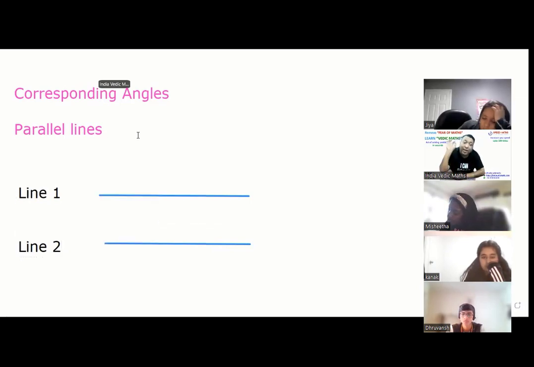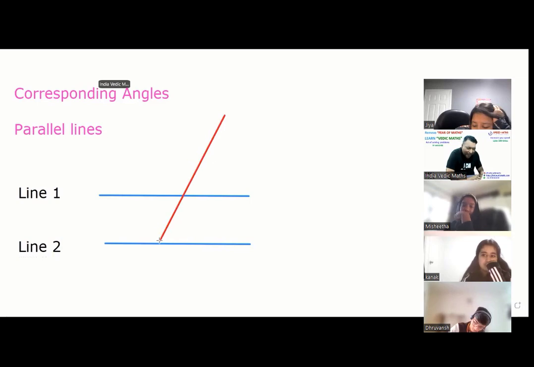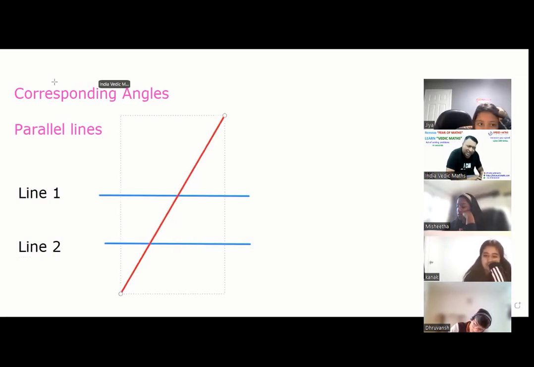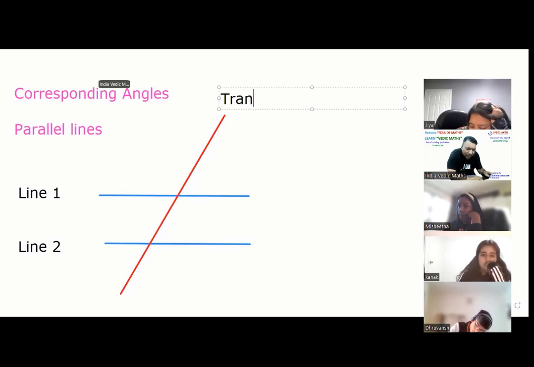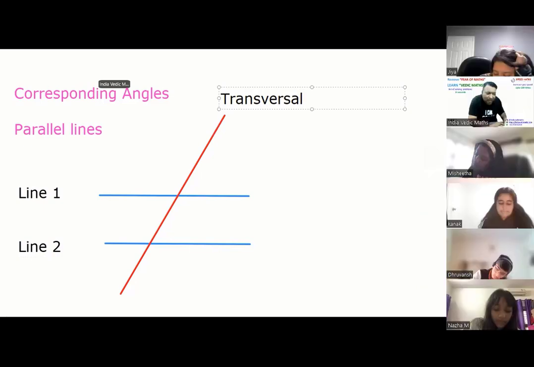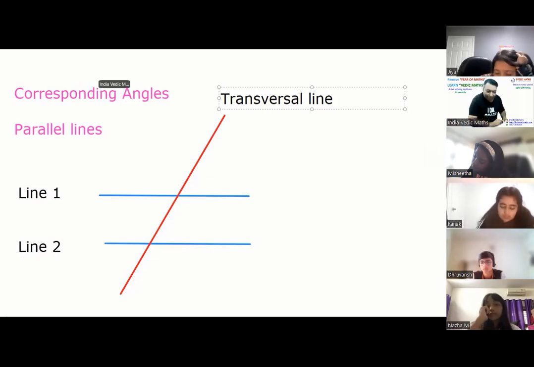Line 1 and line 2 are parallel, guys, that I am telling you. Let's say the red line is drawn like this. Just call the red line a transversal. It is the intersecting line, nothing else. You call it transversal. It's just transversal. So two lines are parallel and a transversal line is there. This is simple till now.